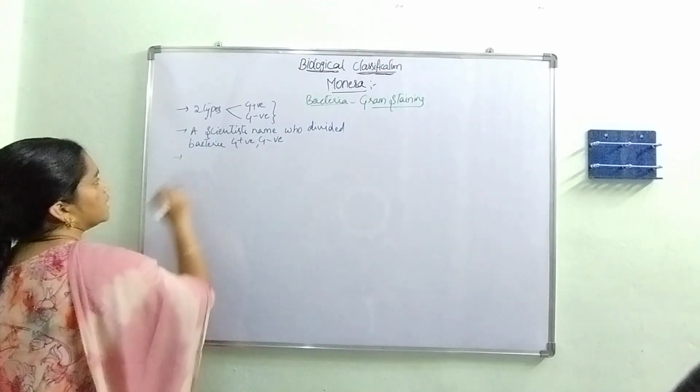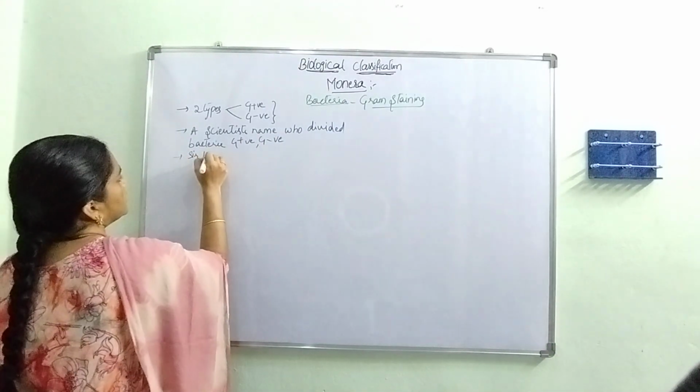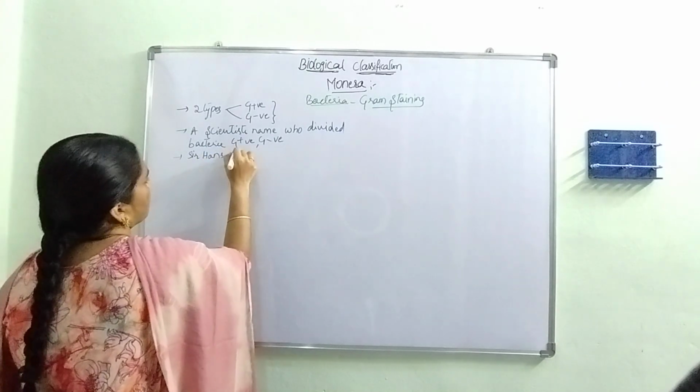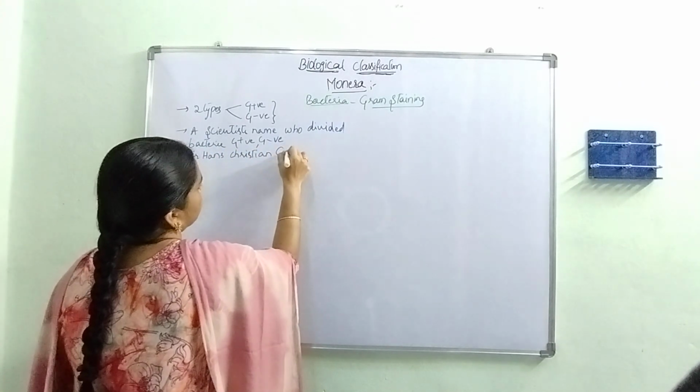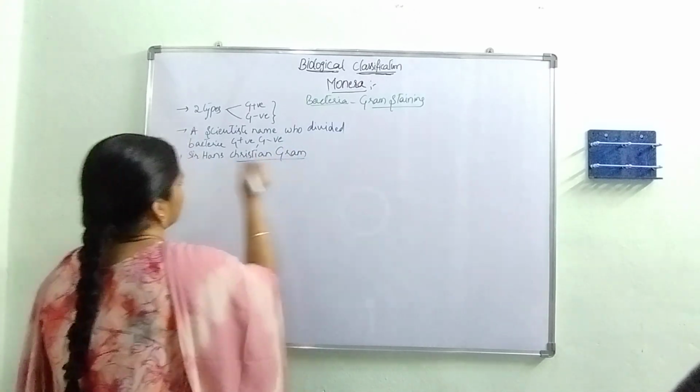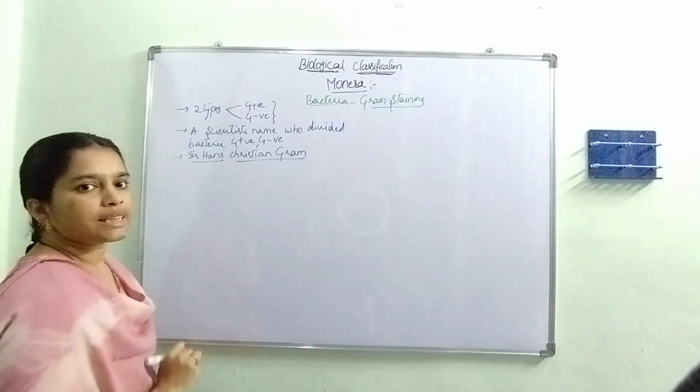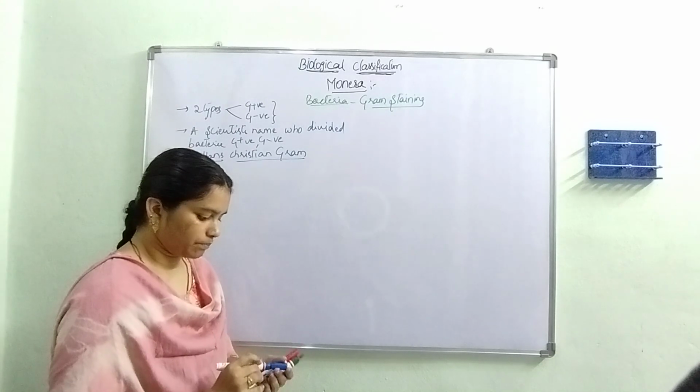He is Sir Hans Christian Gram, the scientist who performed the gram staining procedure.